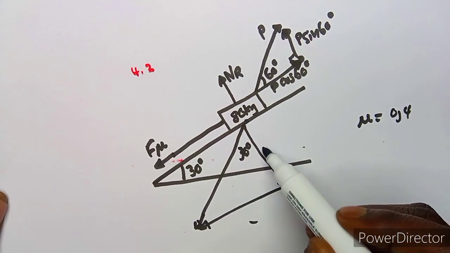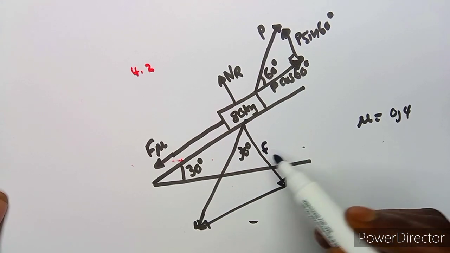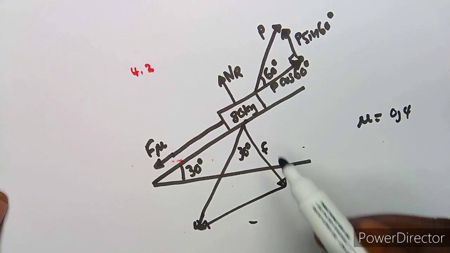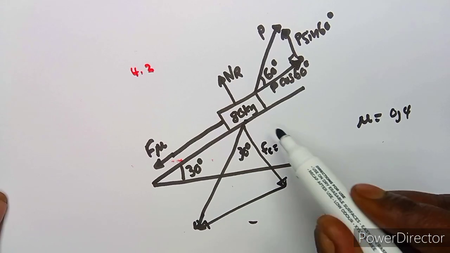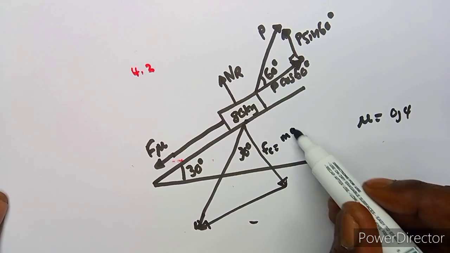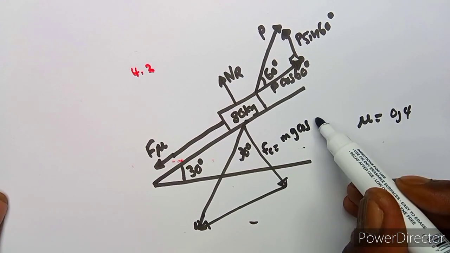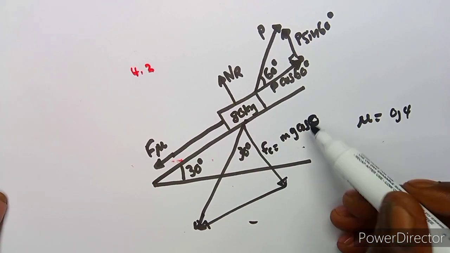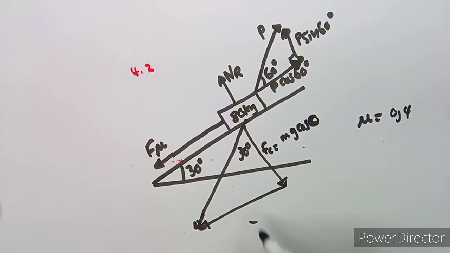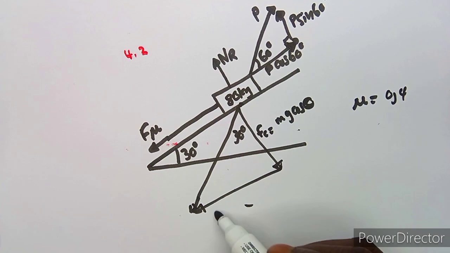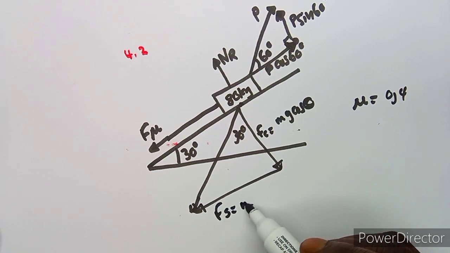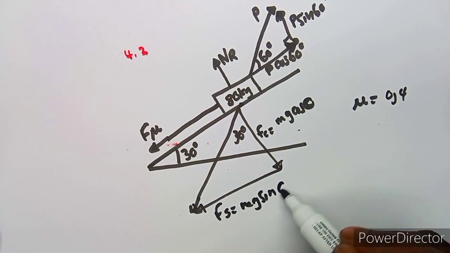That's F perpendicular or FC, depending on how you want to write it. All right, so it's going to be mg cos theta, which is cos 30 degrees. So here I'm going to write even theta, no matter the way that I want. Your parallel component, which is mg sine theta here.